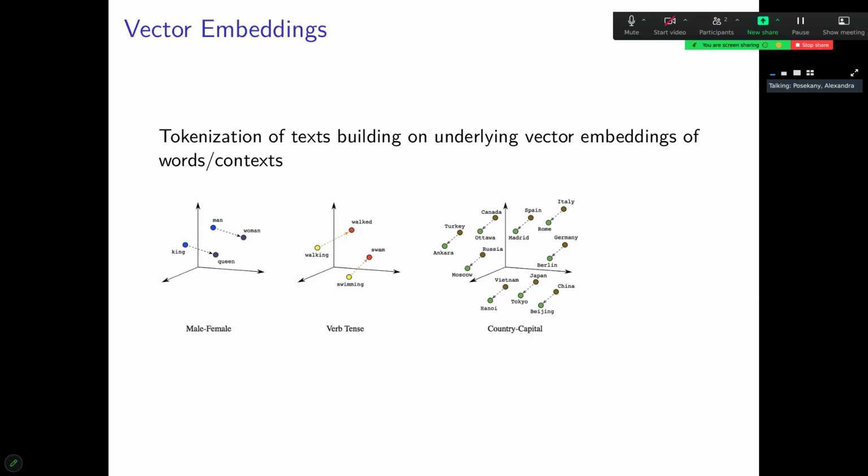Also, they should be able to preserve tenses, grammatical structures of a language, and they should preserve certain context meanings, such as having a country and the corresponding capital of that country, and therefore having the same distance, the same vector to go from Italy to Rome as from Germany to Berlin.